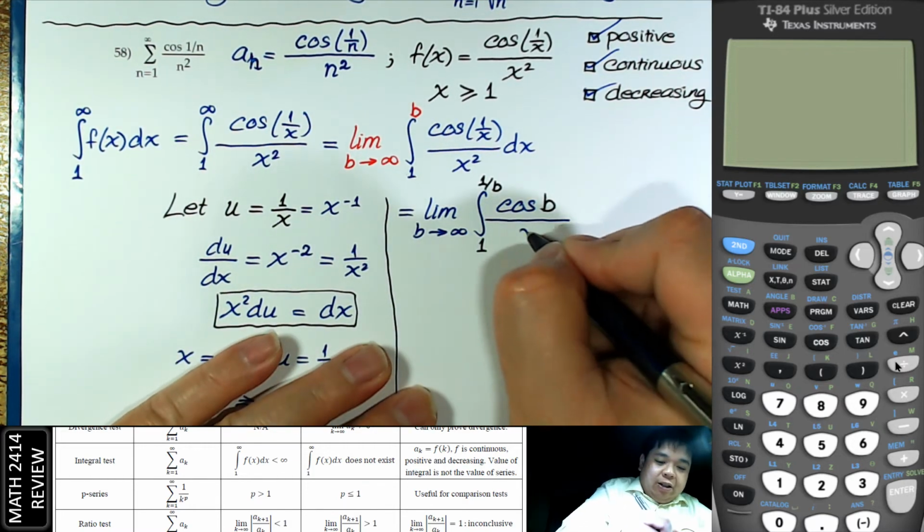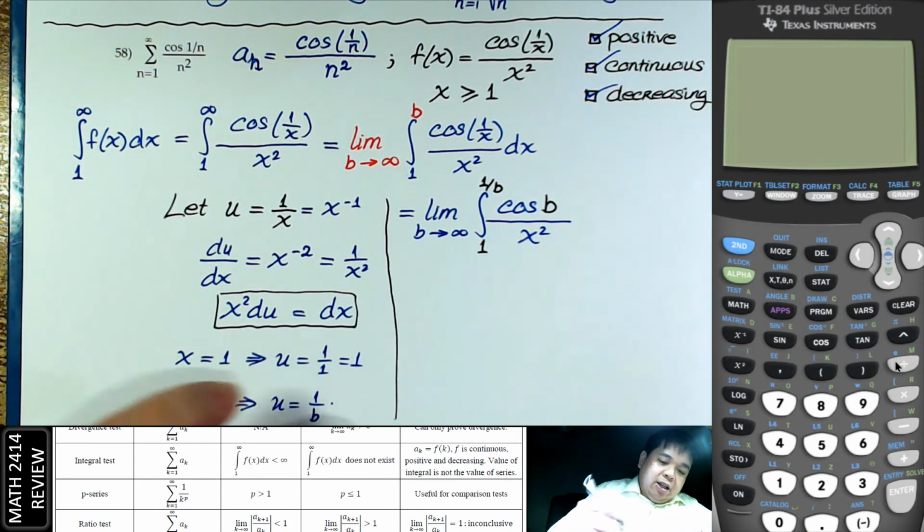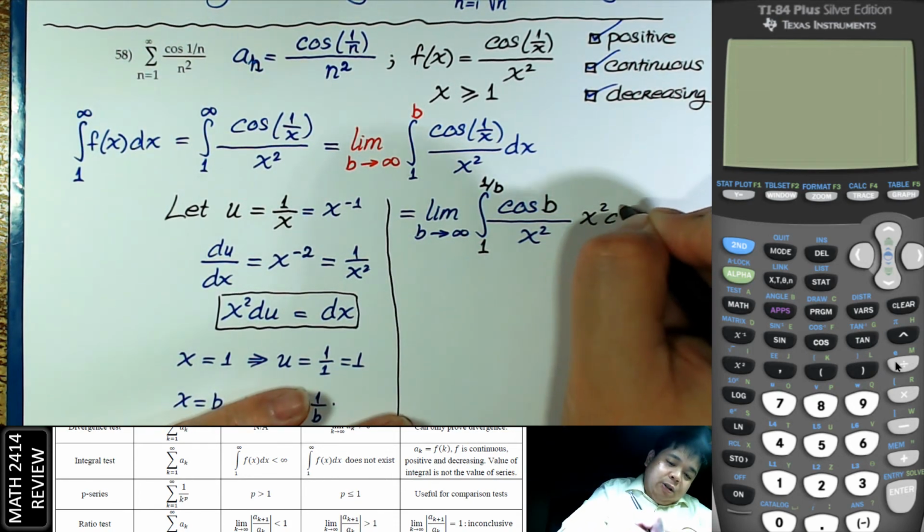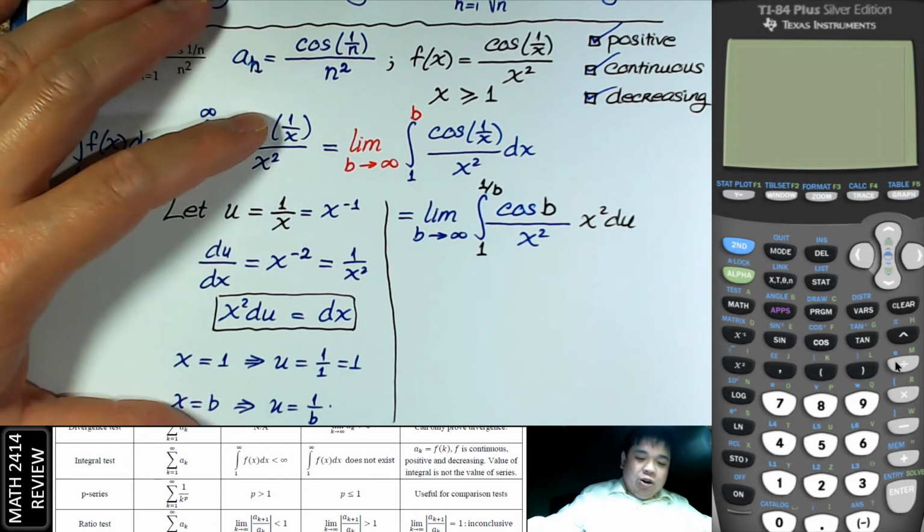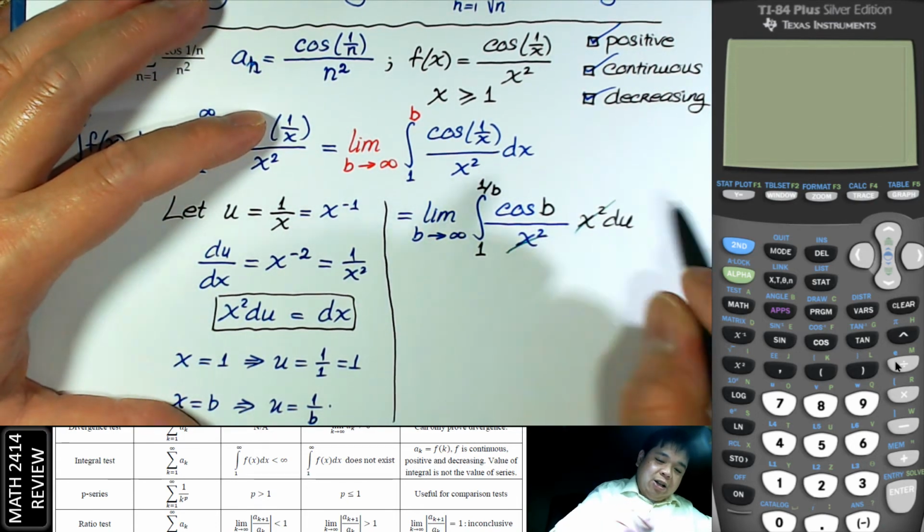x squared dx is x squared du. Right. So it works out perfectly. The x squared cancels out.